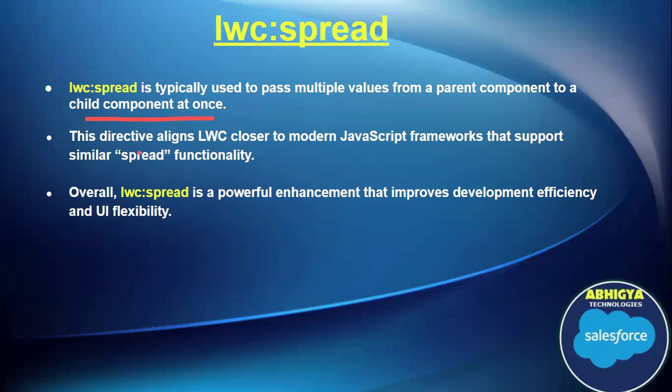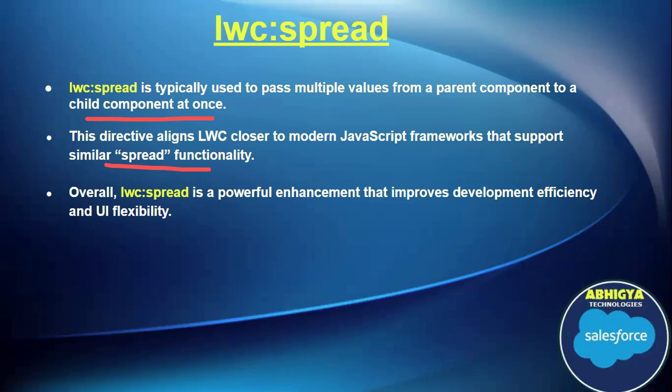It is aligned with modern JavaScript, where we use spread operator functionality, and it works in a similar way here. Overall, the spread operator is very powerful, improves our development efficiency, and gives UI flexibility.